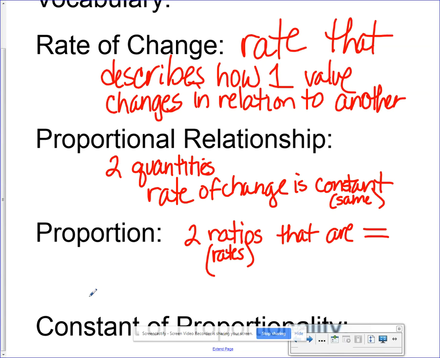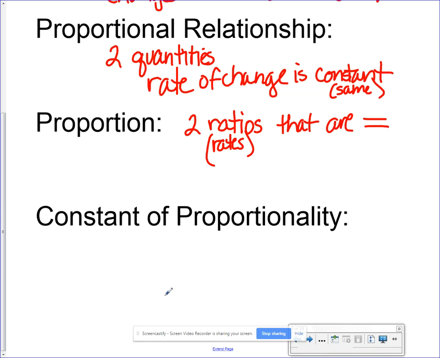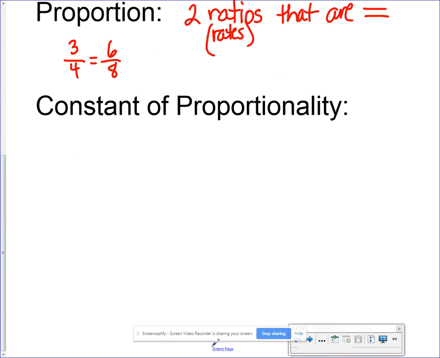Sometimes I like to have an example. So if I pick something like 3/4, there are tons of fractions that are equal to 3/4. I'm going to pick something like 6/8. Now that I have two ratios and I am using the equal sign to show that they have equivalent values, that makes the proportion. It's the sentence of the two of them, okay?